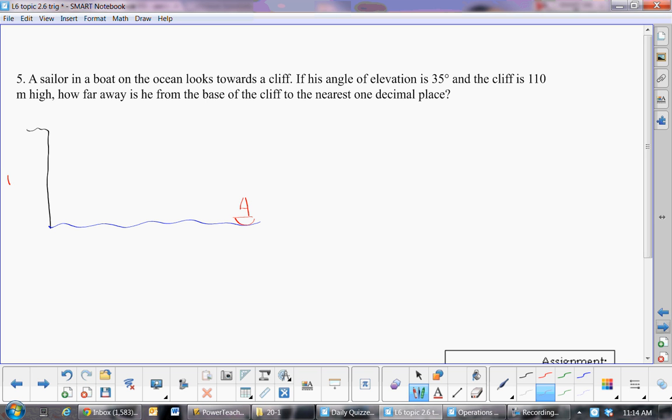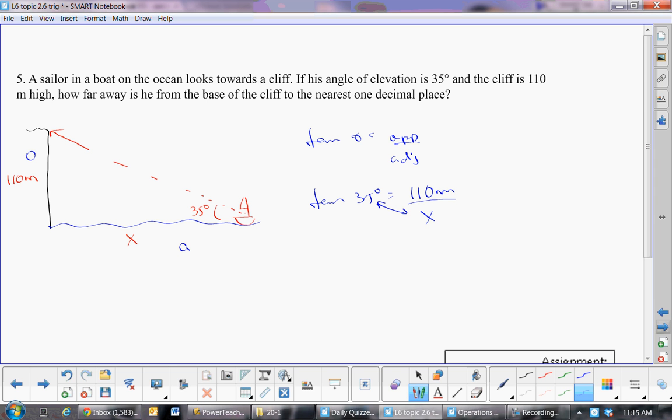The cliff is 110 meters high. I am looking this way at an angle of elevation of 35 degrees. How far away? Okay, so what am I using? Tan, opposite over adjacent. So tan theta equals opposite over adjacent. Tan 35 degrees equals opposite is 110 meters. Adjacent is my x.